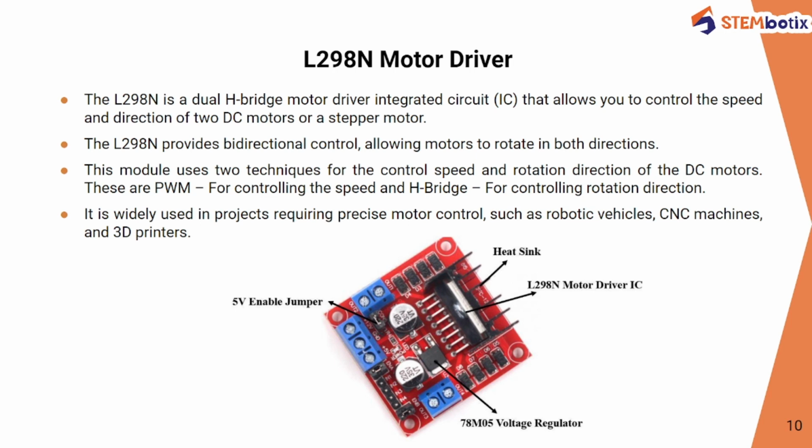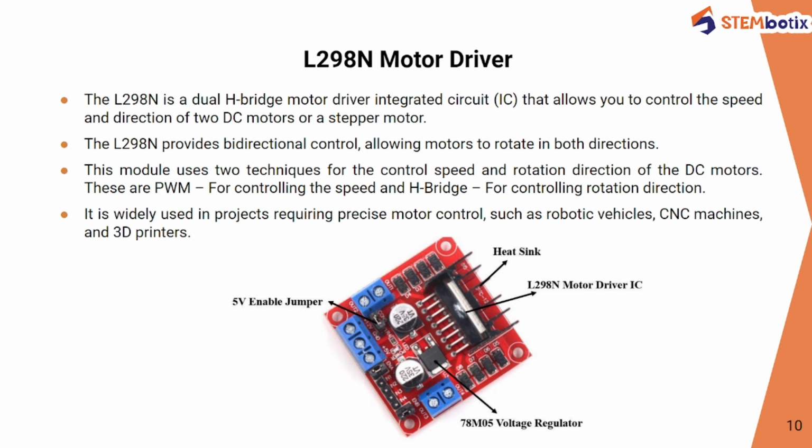An H bridge circuit is made up of four switches arranged in an H shape with the motor in the center. Closing two specific switches at the same time reverses the polarity of the voltage applied to the motor, and this causes a change in the spinning direction of the motor.